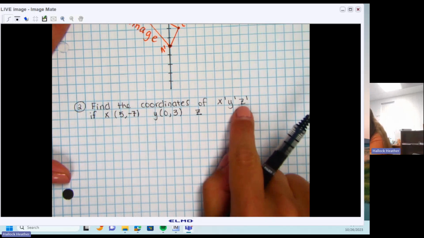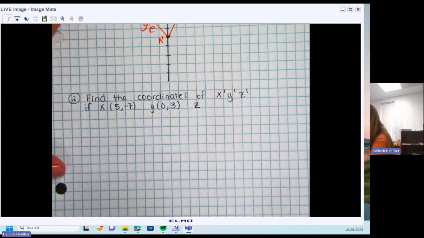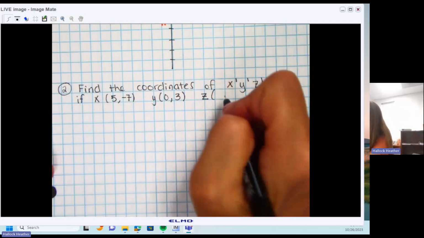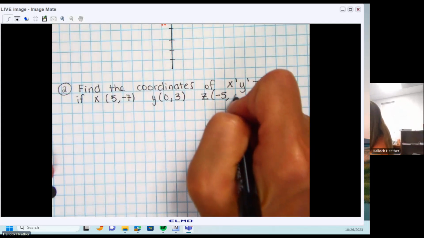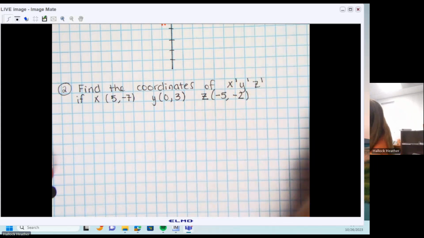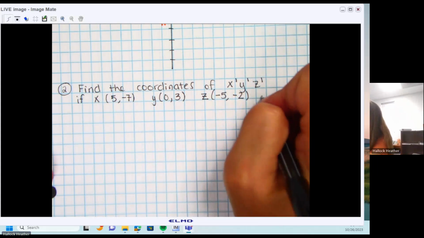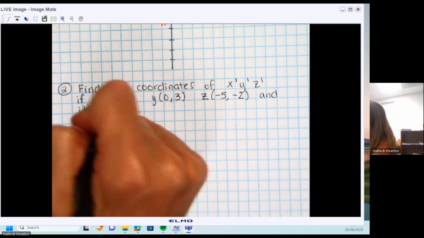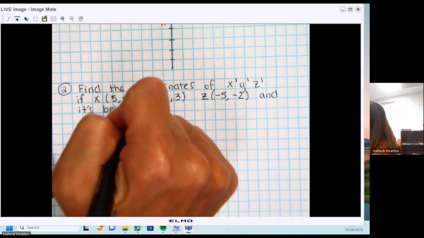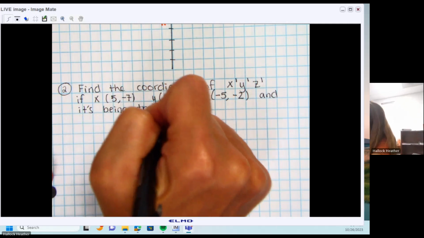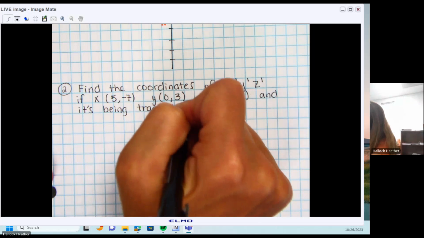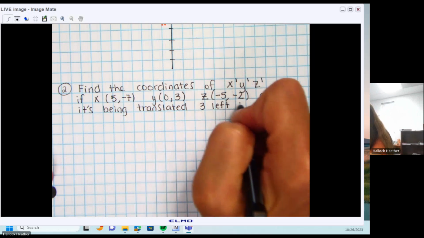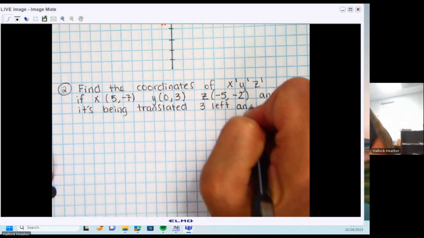The reason why I put a little line through my z is because sometimes they look like 2s, if you're wondering. So z is at -5, -2. And it's being translated three left and up 2.